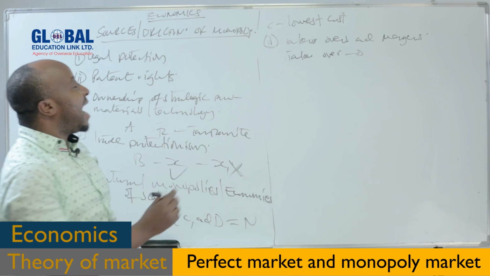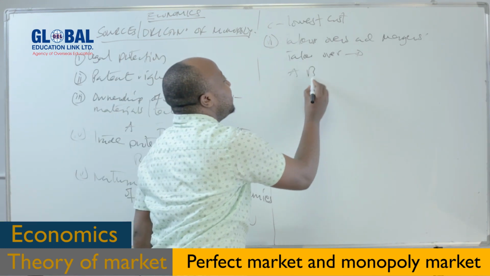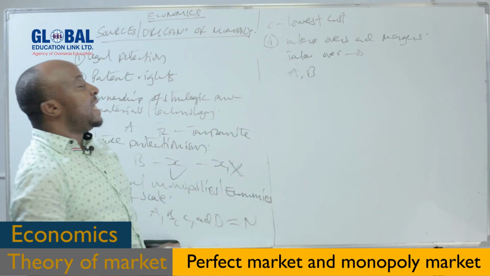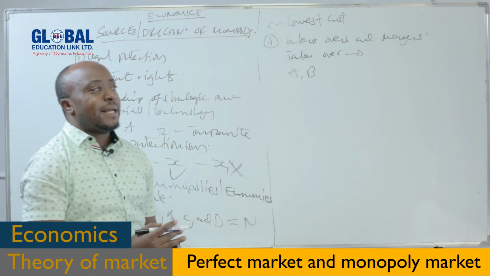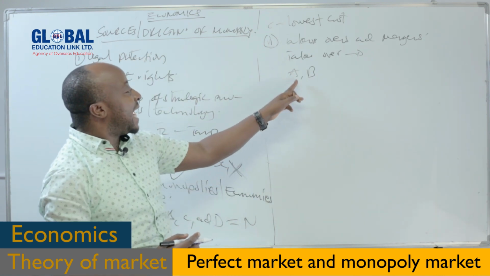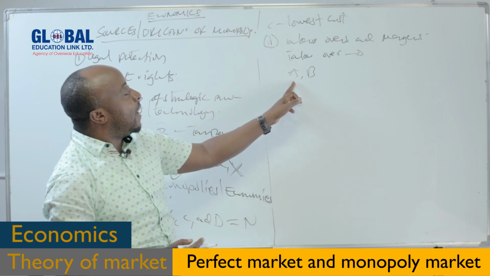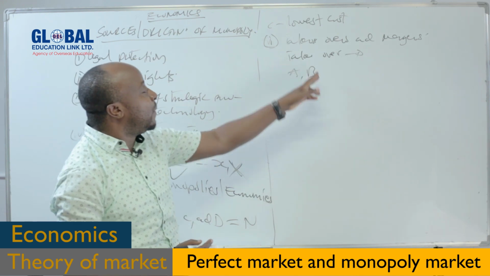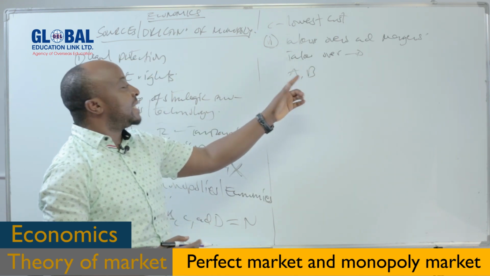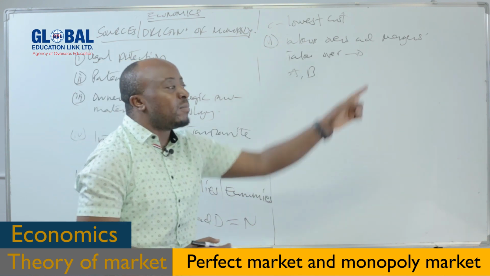That means we have firm A and B producing the same product. Then firm A decides to buy the organization plus the inputs, all that is used by B. That means it wishes to eliminate B from the market.